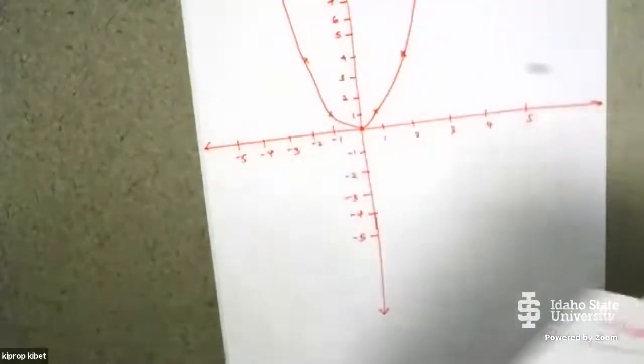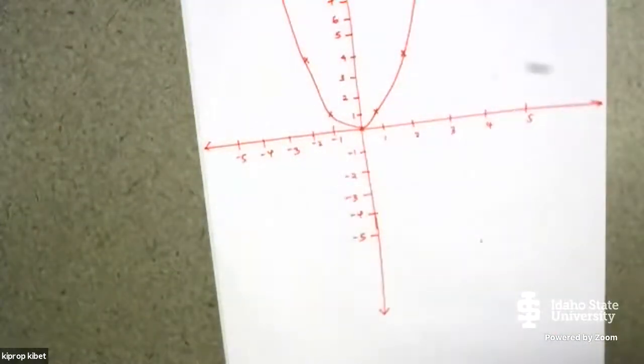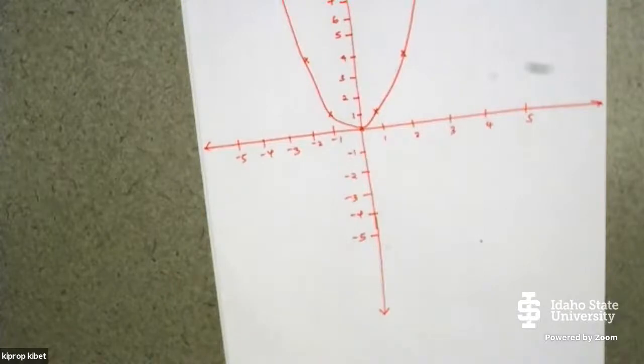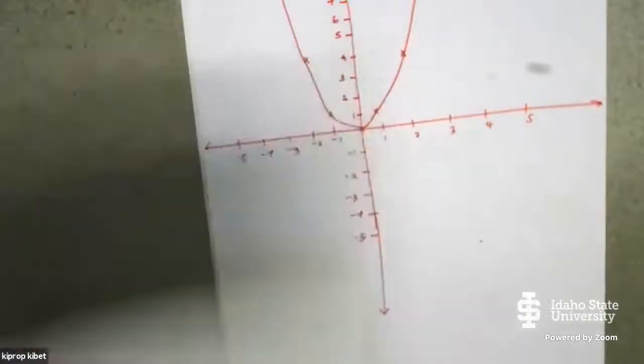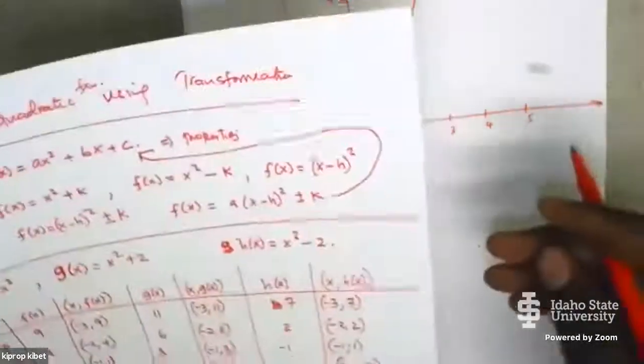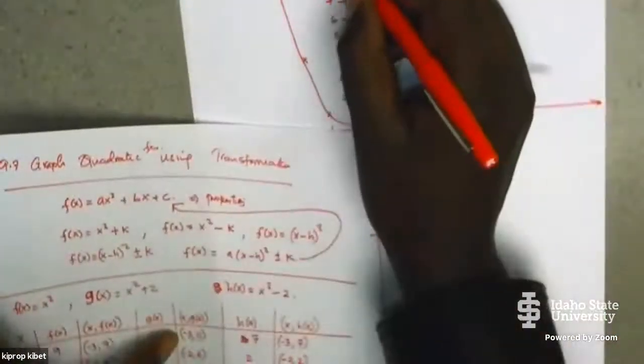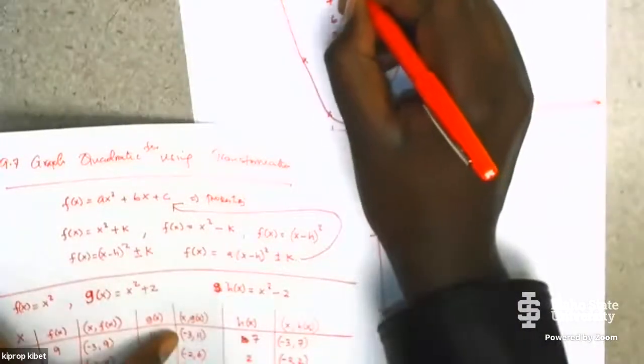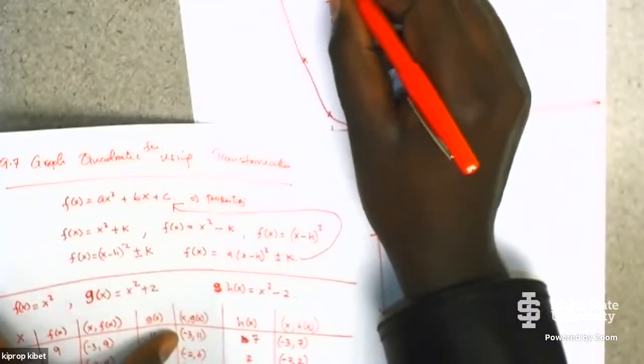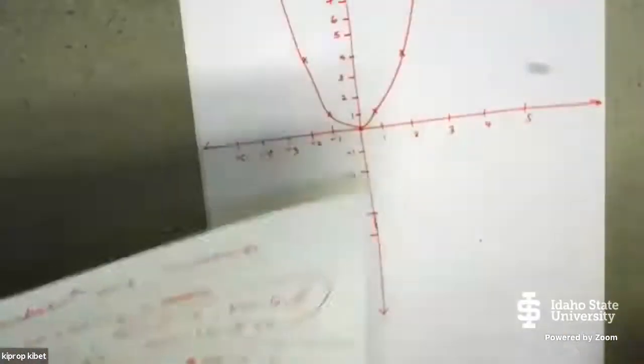Now, what happens when you add 2? That means g of x. So it goes to 11. So we can ignore the one. So okay, we can put it to 11, 10, and then 11. Okay, so 3 and -3 and 11.